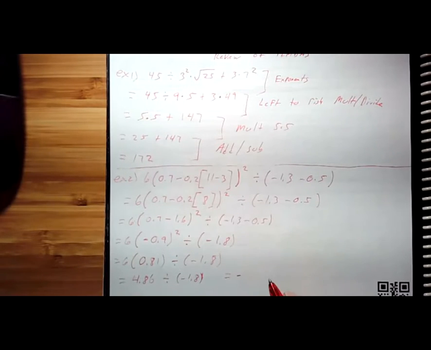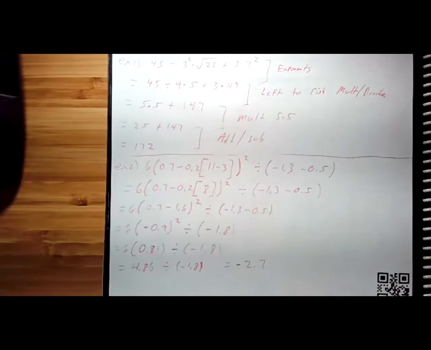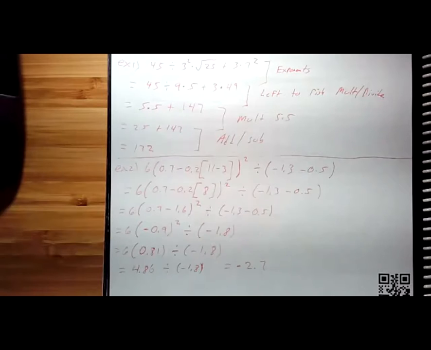So at this point, I'm going to be lazy and use my calculator because I don't want to deal with this. But anyway, the main idea is, do you see how the order of operation works?